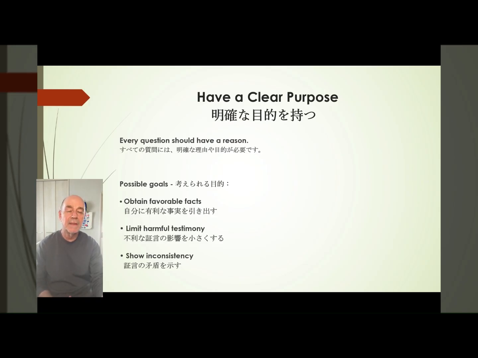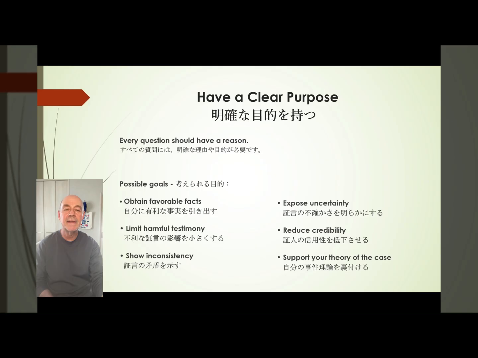Expose uncertainty. For instance, if the witness doesn't have a clear memory or something along those lines. Reduce credibility, meaning that if the testimony or the evidence for some reason shouldn't be believed. And finally, to support your theory of the case.